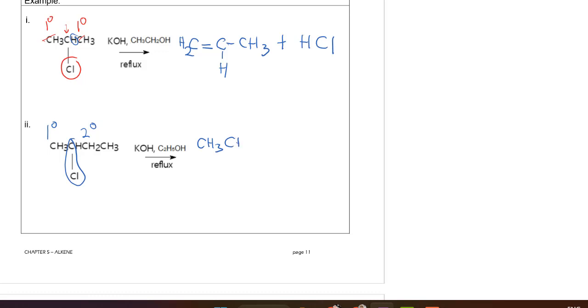Removing hydrogen from the secondary carbon will produce the major product. Okay, so removing from the primary carbon will produce the minor product.